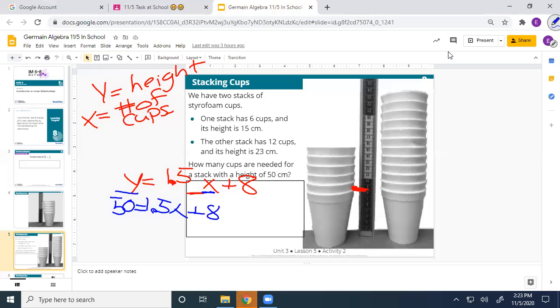So what I want you to do now is solve this equation for x. Get your constants to one side, divide by that number attached to your x or your variable, and get a value for x. How many cups are we going to need to add?